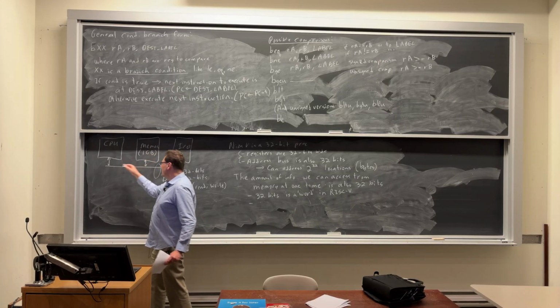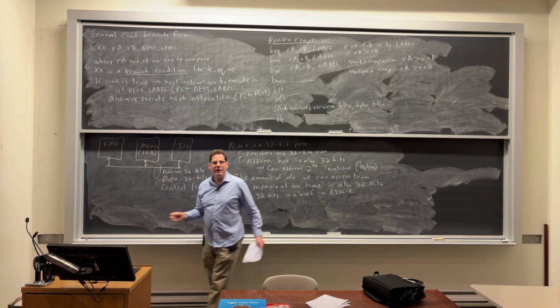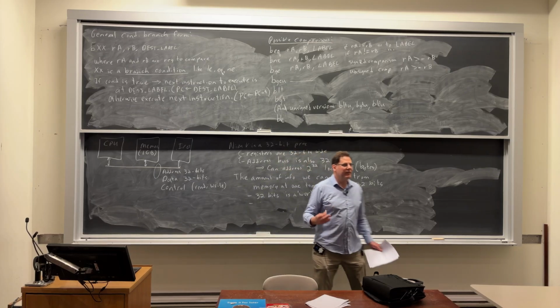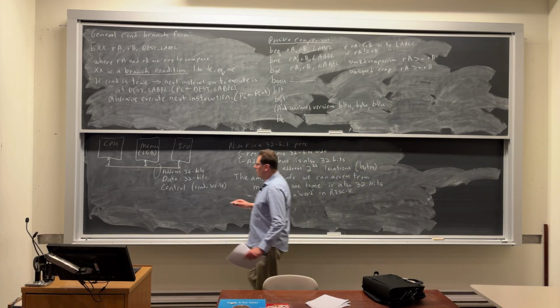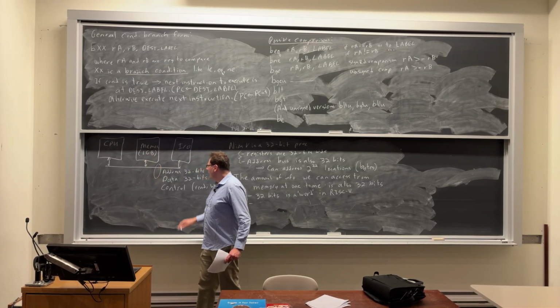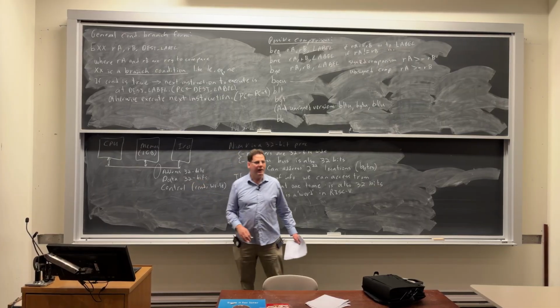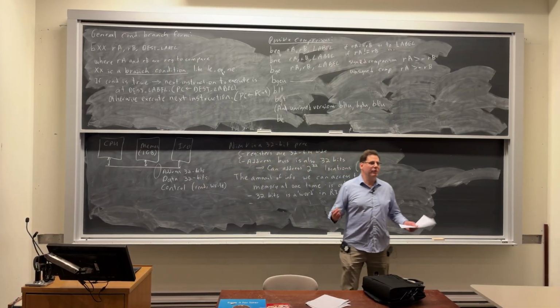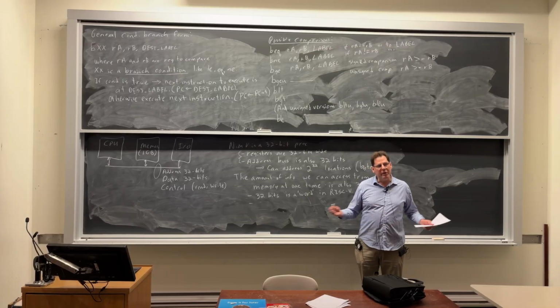It's the amount of data we can move to and from memory essentially as one unit. We could move everything 1 byte at a time because we have an address for every byte, but our data bus is actually 32 bits wide. So that would be a little bit wasteful, right? We would be slower than we needed to be.